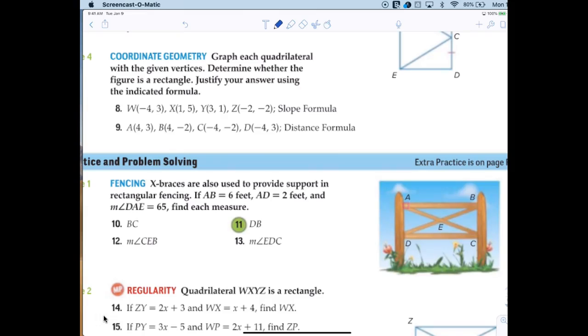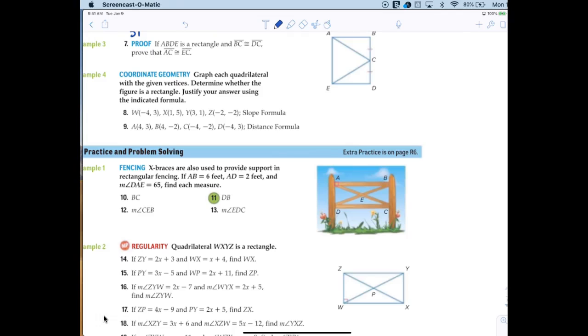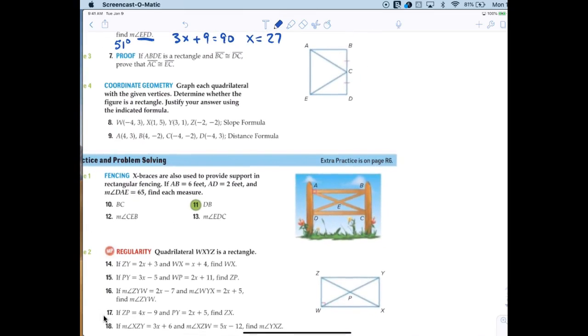We're going to use the slope formula here to determine if it's a rectangle. If it's a rectangle, all of the slopes of the consecutive sides would be negative reciprocals. Let me give you an example. I'm going to make a rectangle this way, because it doesn't have to be vertical or horizontal.